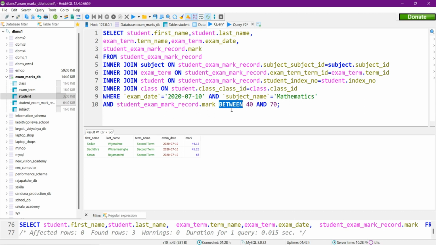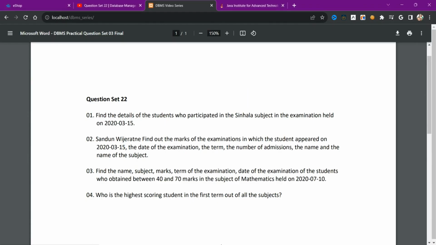According to this question, we need to find the student details of those who got marks between 40 and 70. Looking at the results, Sanun got 44.12 for mathematics, Sachitra got 45.25, and Kasun got 65. So these numbers are between 40 and 70. This is the query for the third question. Let's move on to the final one, the fourth question.